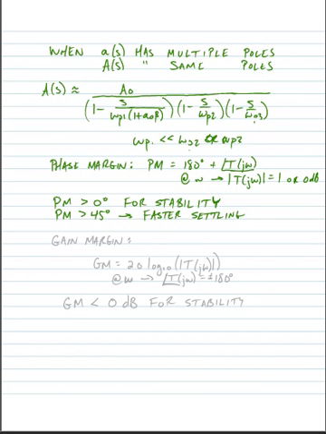We can also define a specification called gain margin. And the gain margin for our amplifier is a similar thing to the phase margin.